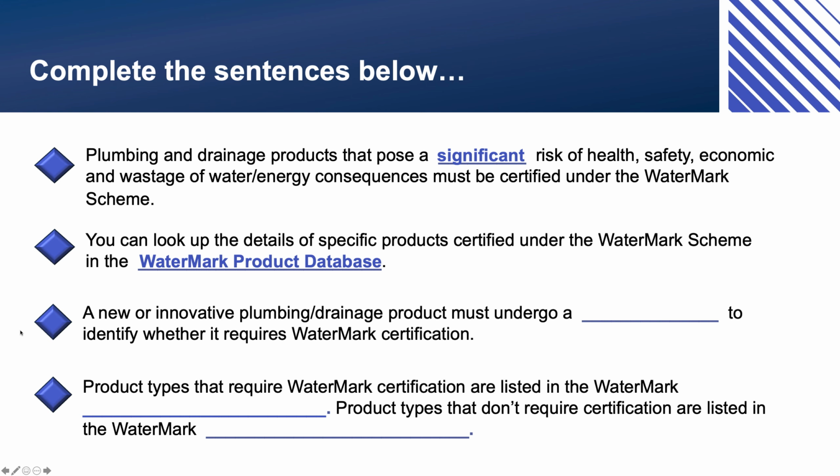A new or innovative plumbing or drainage product must undergo a what to determine whether it requires WaterMark certification. Product types that require WaterMark certification are listed in the WaterMark what? Product types that don't require certification are listed in the WaterMark what?